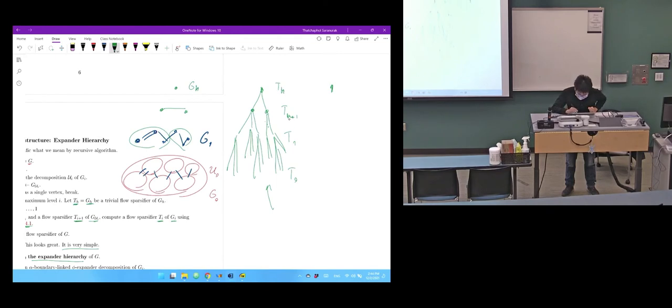The quality of TH minus 1 is going to be log m over phi. The next step is going to be log m over phi squared, right? Because this thing is Q and you multiply it by log m over phi. So until the end you get log m over phi to the h.